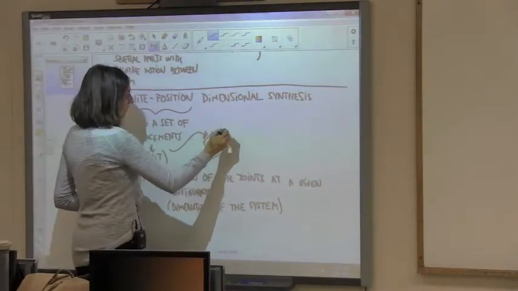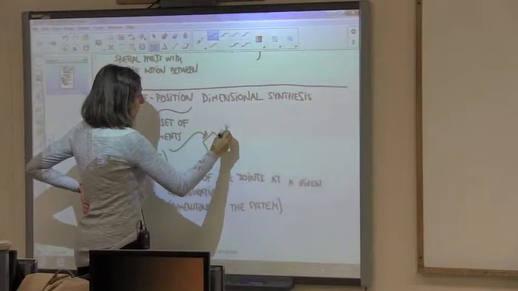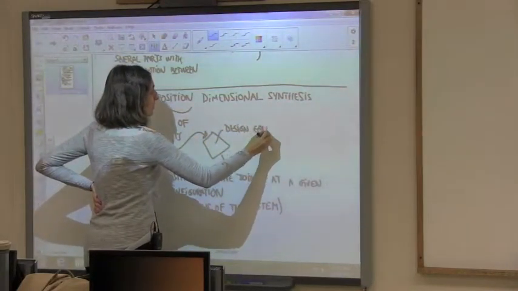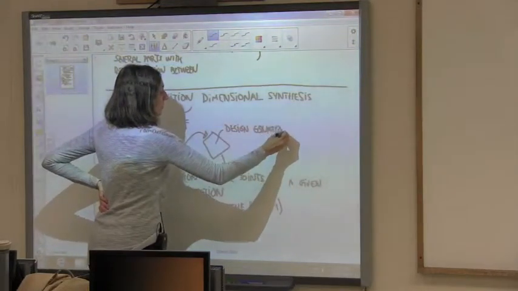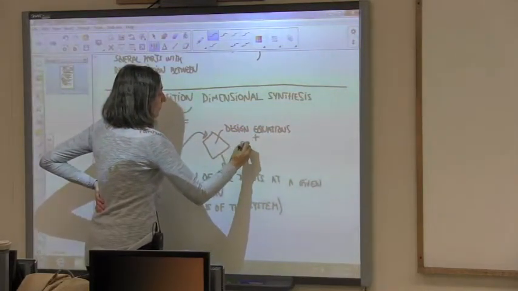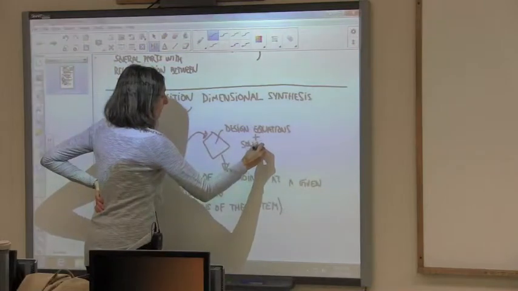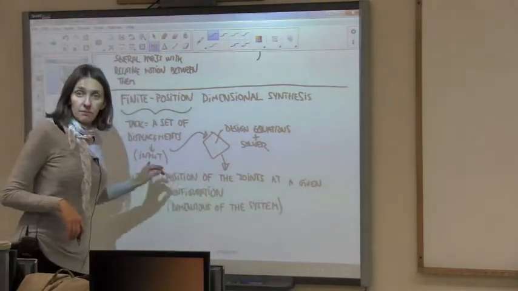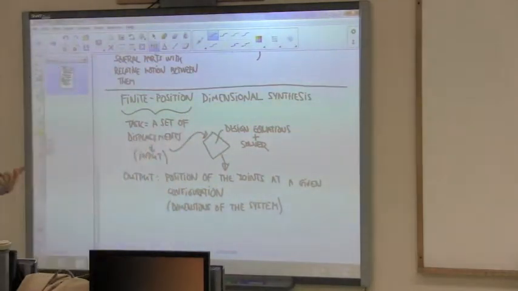And this is your equations, design. This is what we call the design equations, and then we need to be able to state these equations and then we need to solve them. So we have to pass from the tasks to the system using some kind of design equations and some kind of solver.